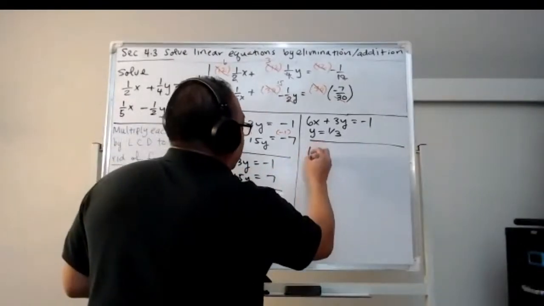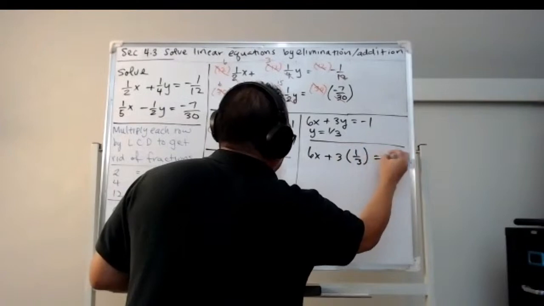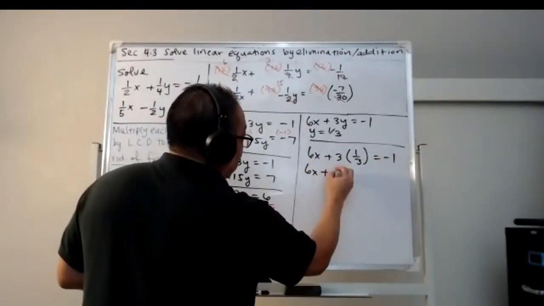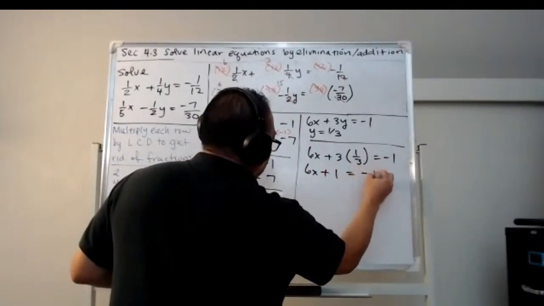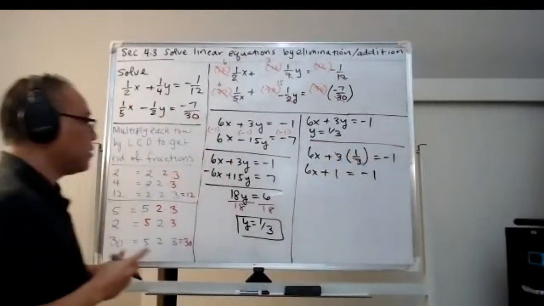So now I have 6x plus 3 times 1/3, 6x. Right? And the reason why is that this 3 will cancel out with that 3.